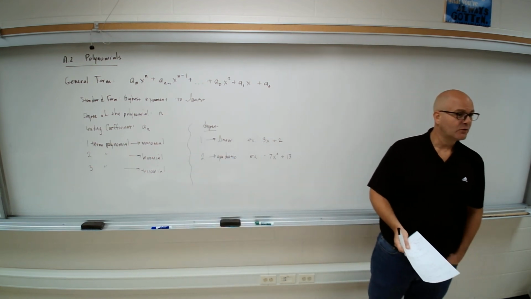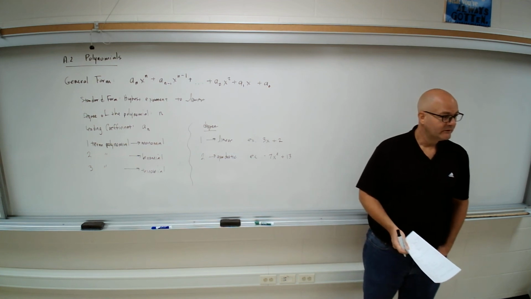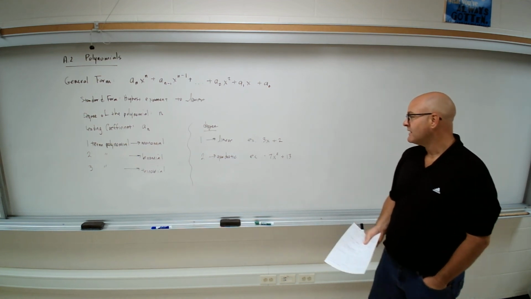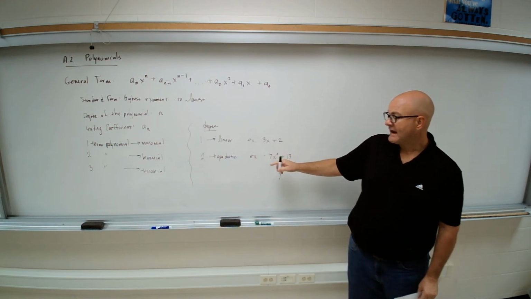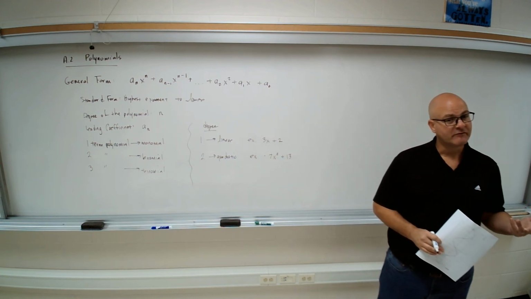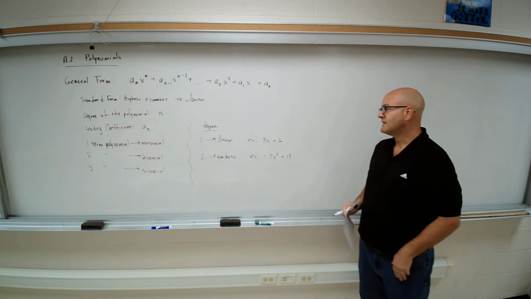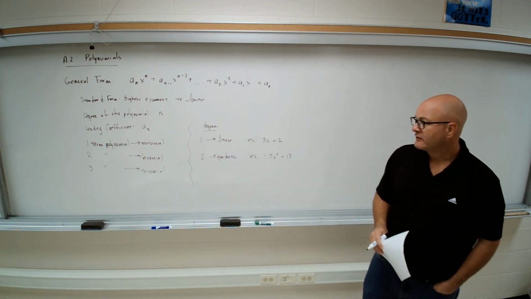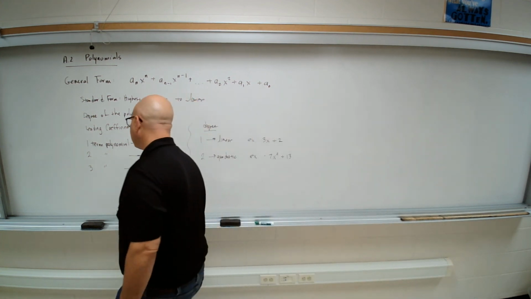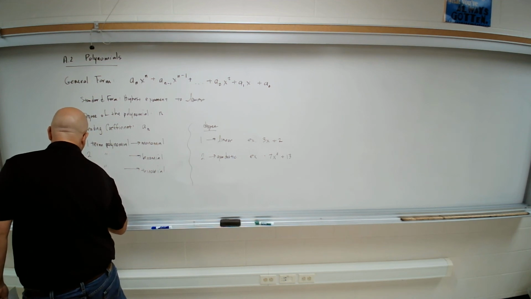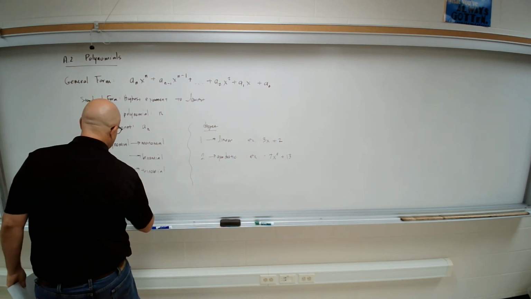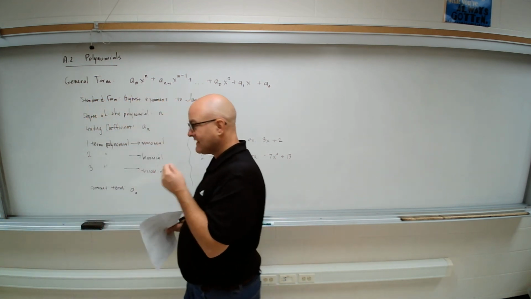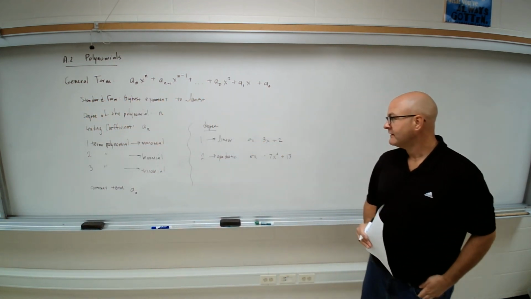You say it's a quadratic binomial, if you want to use all your big fancy words there. And the leading coefficient here would be negative 7. Right? That's the number in front of the x squared. The constant term would be 13. I guess I could write that up here. The constant term is going to be A sub 0, which has no exponent on it.